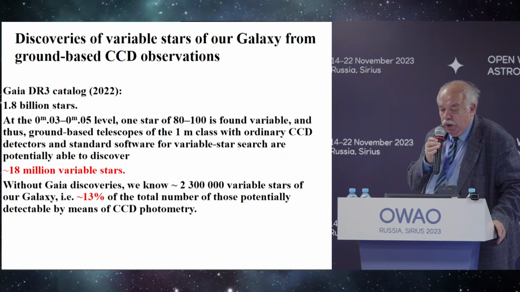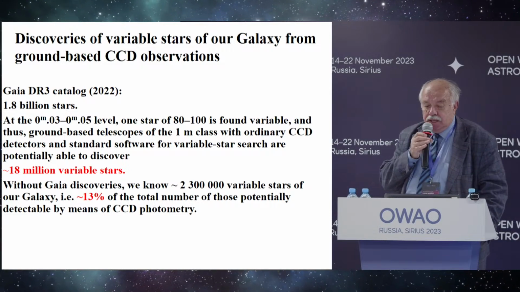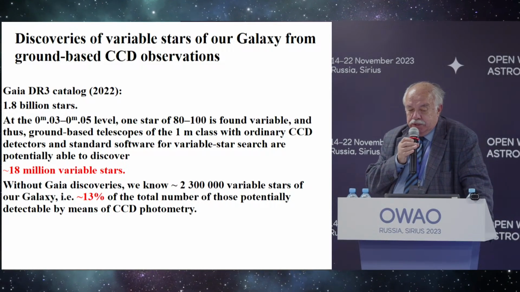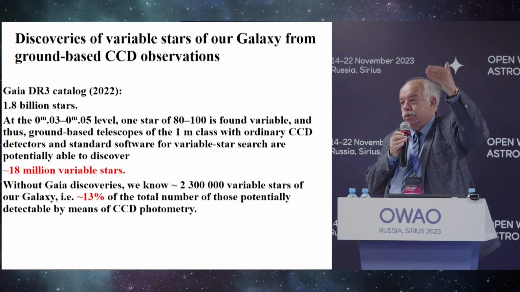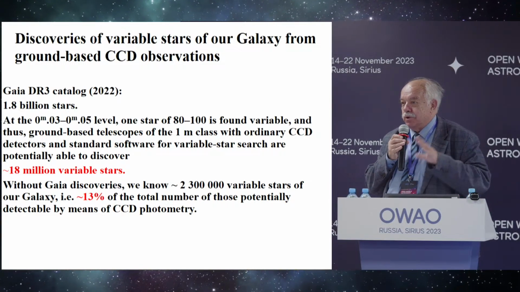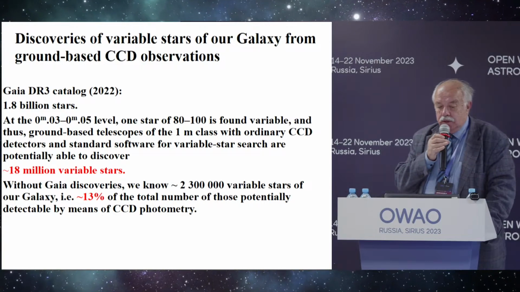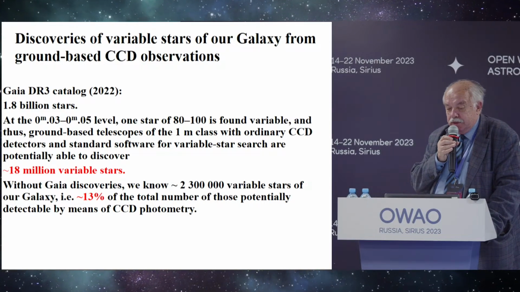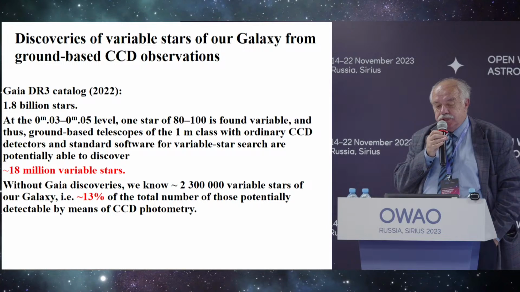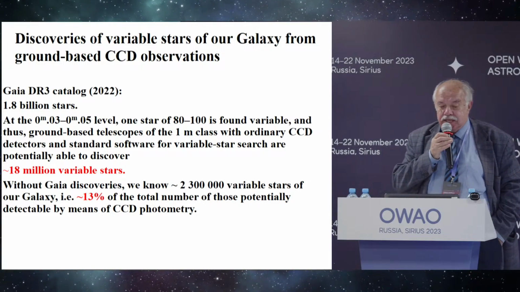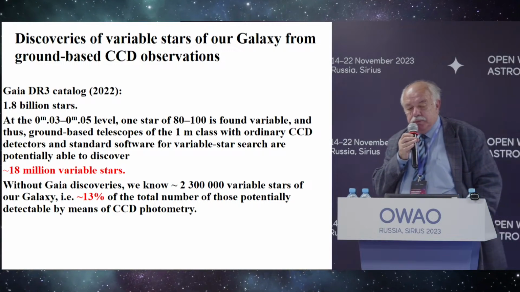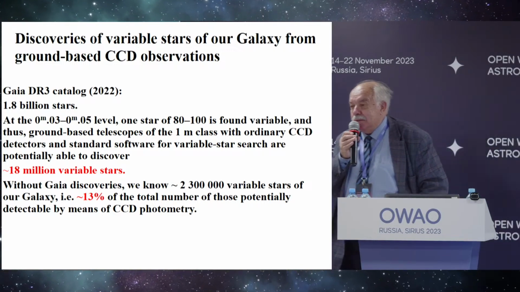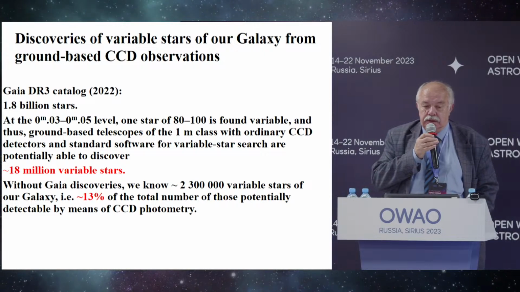And thus, if you have a ground-based telescope of the 1 meter class, well, two in fact, one in the north, one in the south to cover the whole sky, and these telescopes have ordinary CCD detectors and standard software, then we potentially would be able to discover about 18 million variable stars.